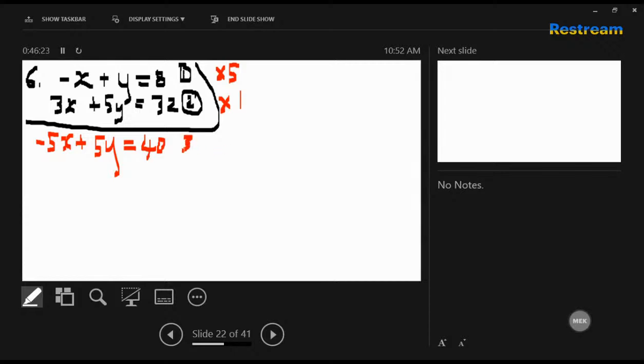And this is our new equation, equation 3. Multiplying equation 2 by 1, I'm going to get the same thing. And already you see that we now have the same coefficients in the 5y, and they are both positive. So we're going to subtract.